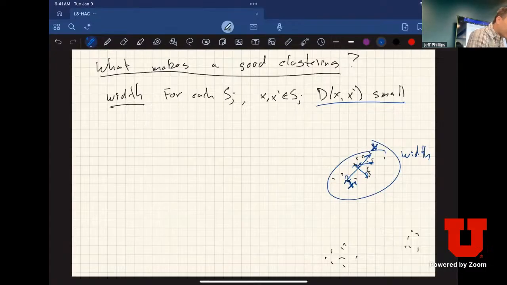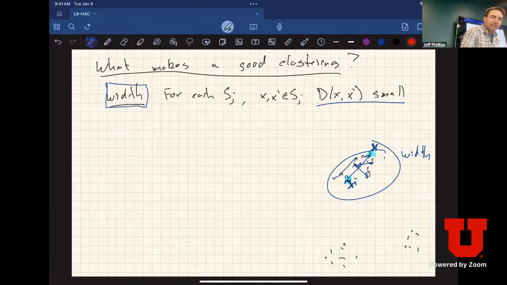I can measure any pair of distances here, and there are lots of ways I could turn this into a single number. I could look at the longest distance, the average distance, the median distance, or pick one point and look at the average distance from that one point. There are lots of ways I can formalize this notion of width, and we will formalize it in a bunch of different ways. I'm not going to do it yet.